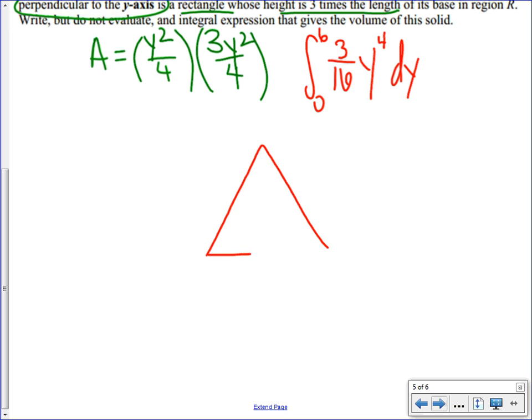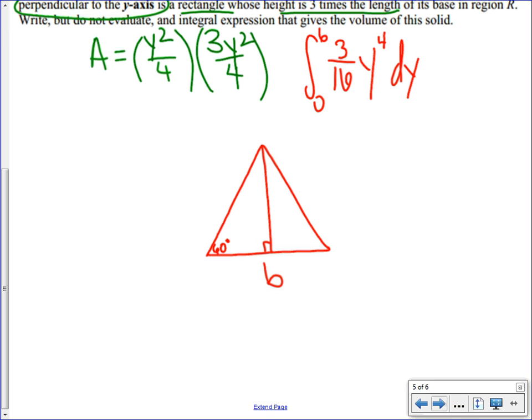Okay, let's talk about equilateral triangles real quickly. If this is our base, how do we figure out our height? Base times height divided by 2. Or no, that's how you find the area. But if you have an equilateral triangle, how do you know what the height is? This is a 60-degree angle, right?